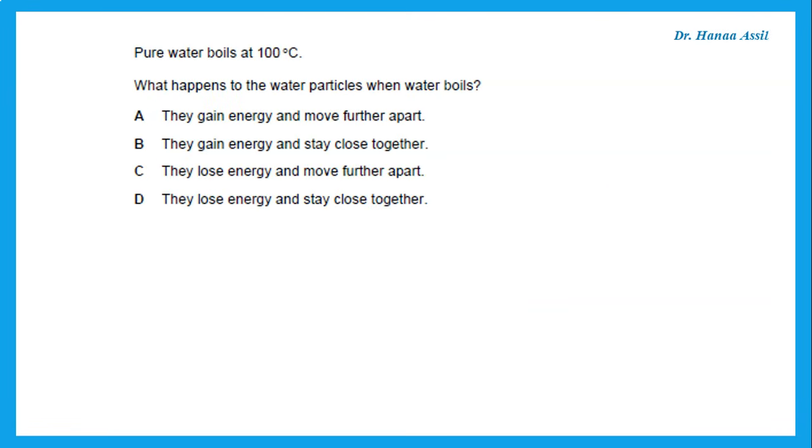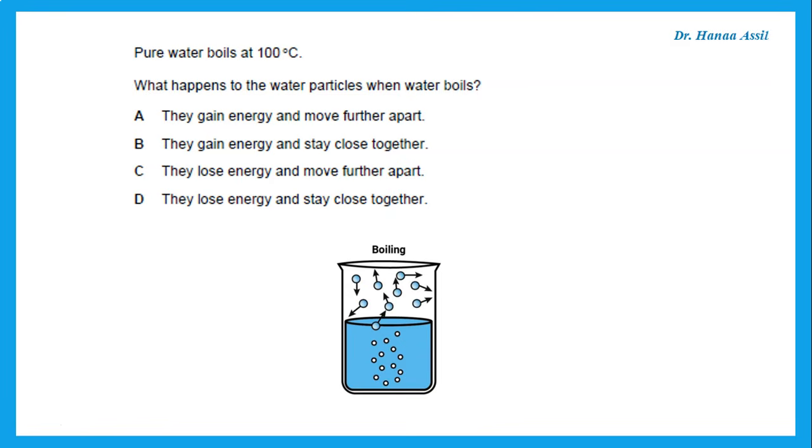Pure water boils at 100 degrees Celsius. What happens to the water particles when water boils? Again, if I am boiling water, will the particles gain energy or lose energy? We're boiling it, that means you're heating it, you're giving it extra energy, so the particles gain energy.